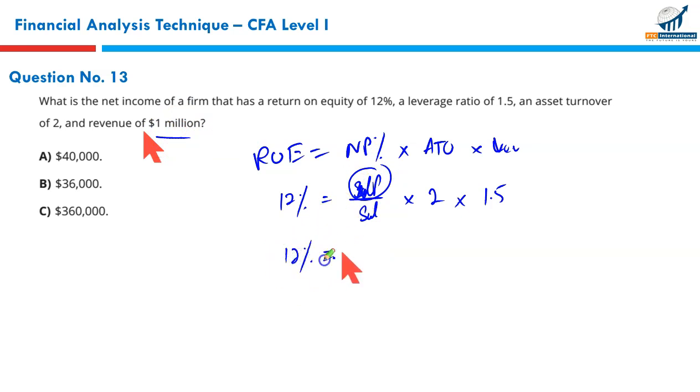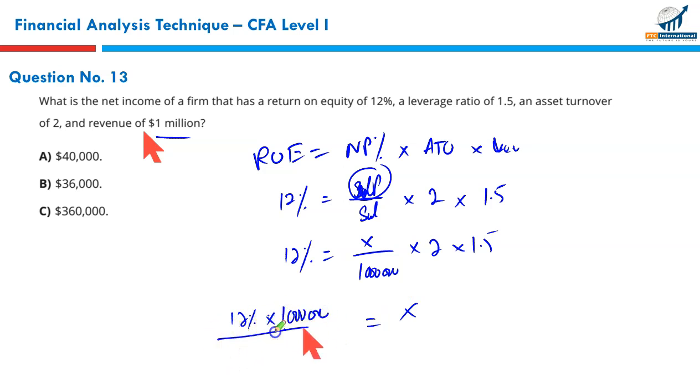So 12% is equal to X upon 1 million times 2 times 1.5. You just need to make X the subject of the equation and you will get your result. 12% times 1 million divided by 2 divided by 1.5. So 1 million times 0.12 divided by 2 divided by 1.5 is just $40,000. So your net income is 40.